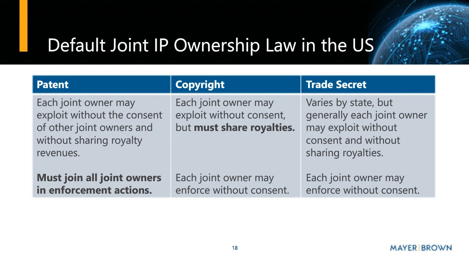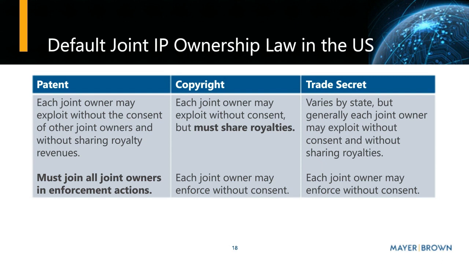This requirement protects the accused infringers from defending against multiple lawsuits on the same patent, and it also protects an absent joint owner from a finding of invalidity or unenforceability negatively affecting his patent rights.